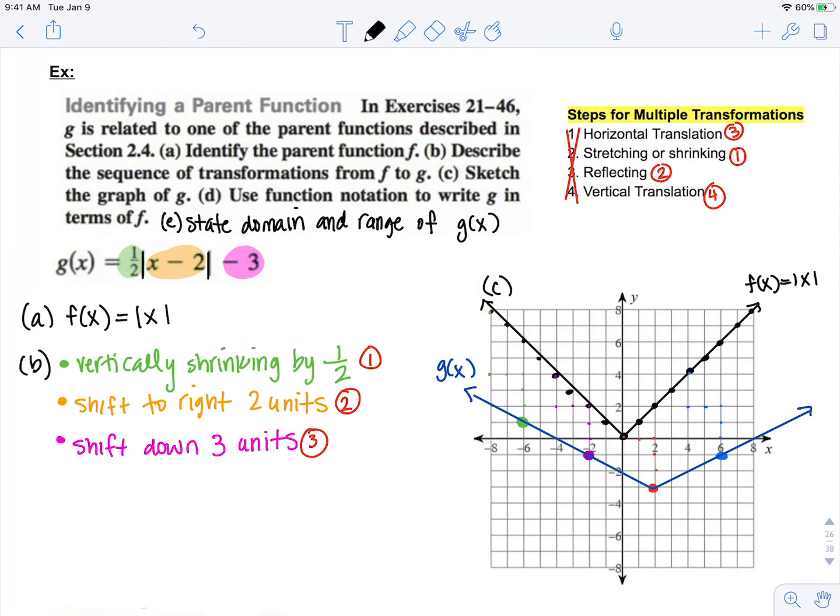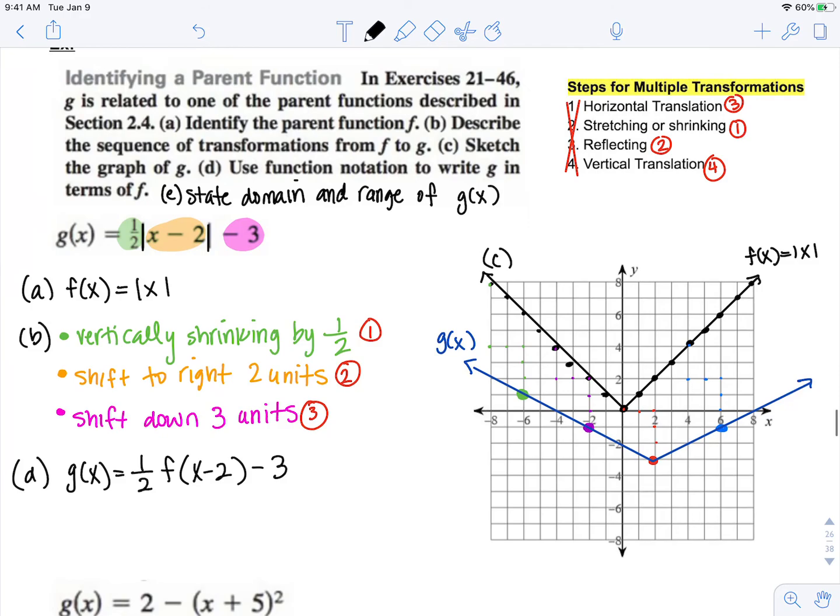So now part D, they want us to use function notation to write g in terms of f. G of x equals 1/2 f of x minus 2 minus 3, where f is absolute value of x.